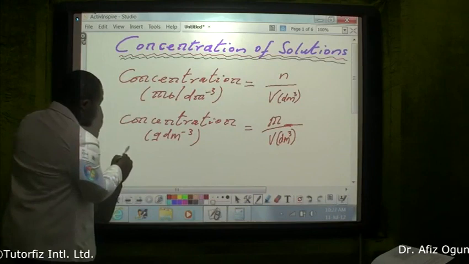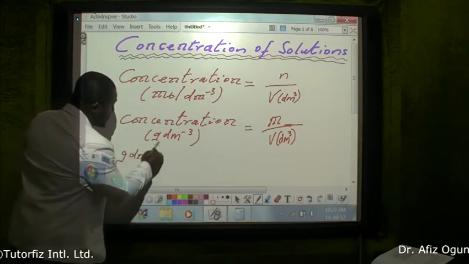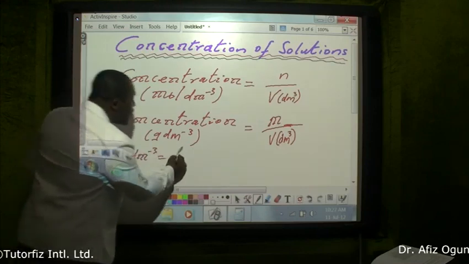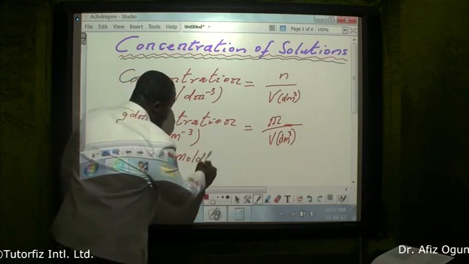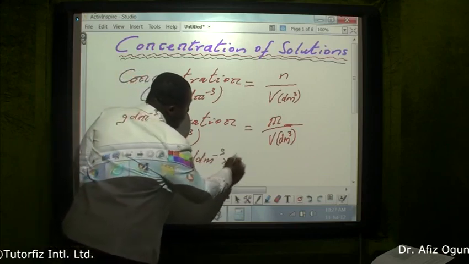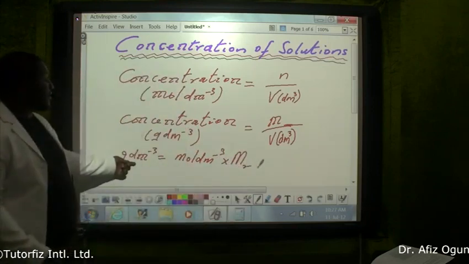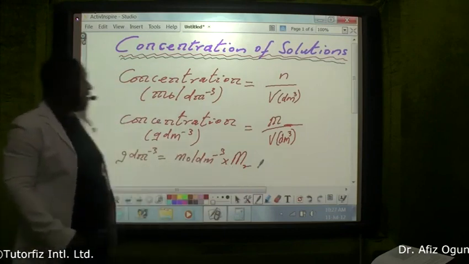Concentration in gram per dm cube equals concentration in mole per dm cube multiplied by molar mass.